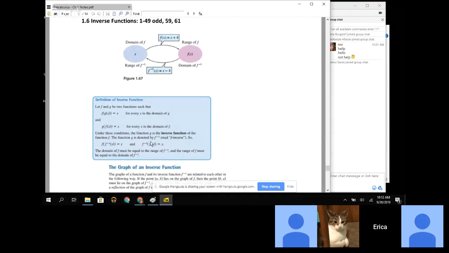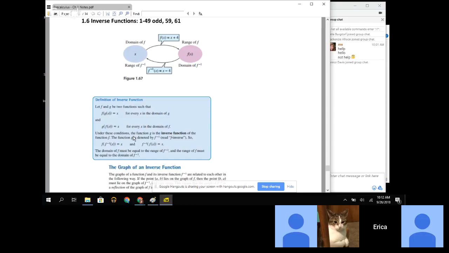The inverse of f is denoted by f with a little -1, which means f inverse. So basically, two functions are inverses of each other when you compose them together both ways and they equal x.